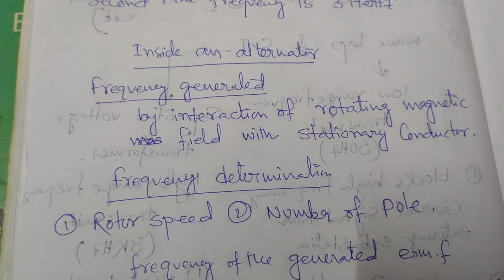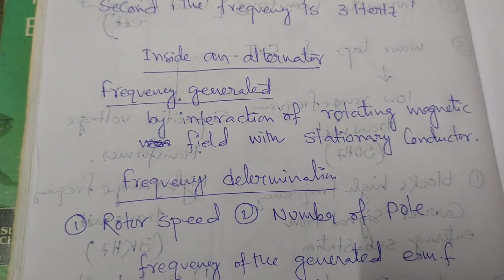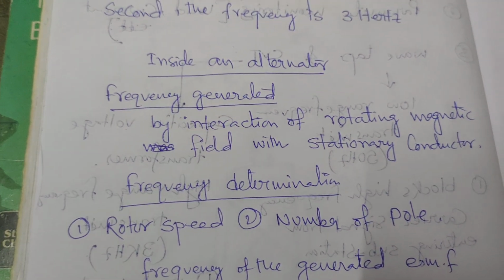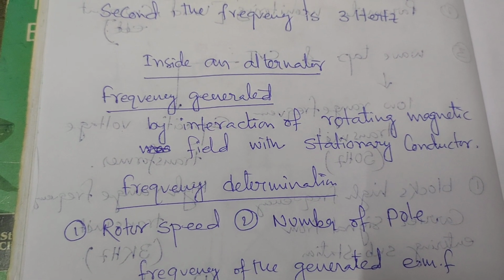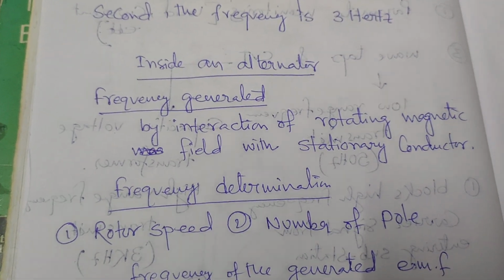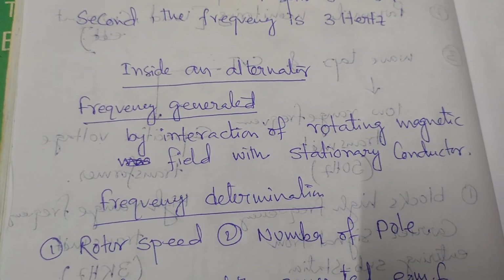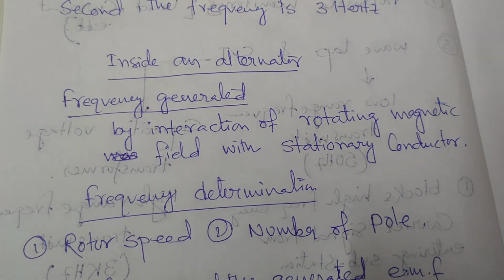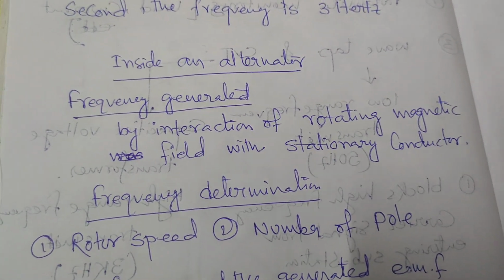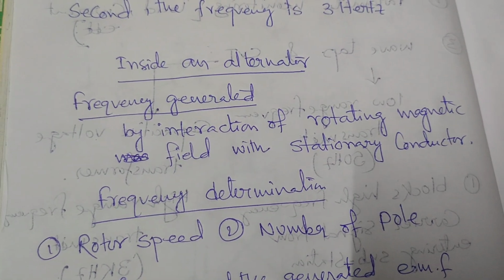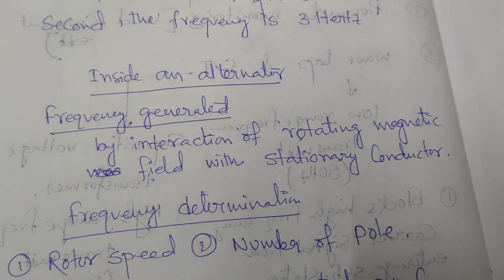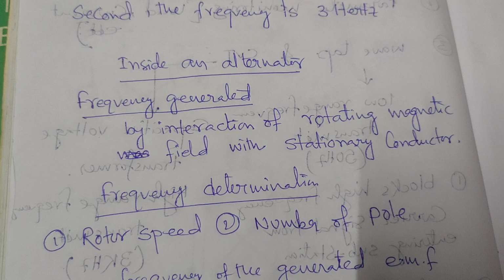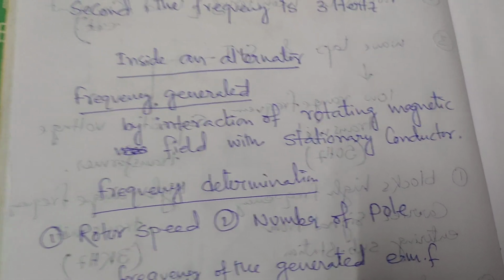If in the rotor the north pole is generated, in the stator also the north pole is there, so the north pole and north pole repel each other. By the help of this repelling and attraction between the stator and rotor winding, the rotating magnetic field is generated, and this rotating magnetic field generates the electromagnetic force.